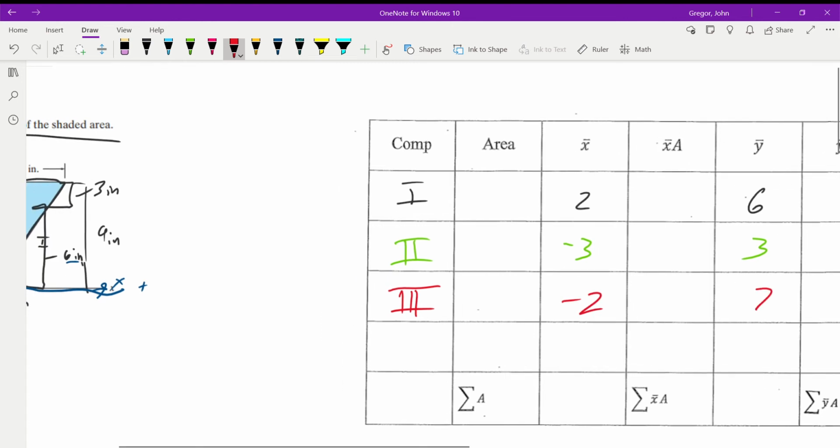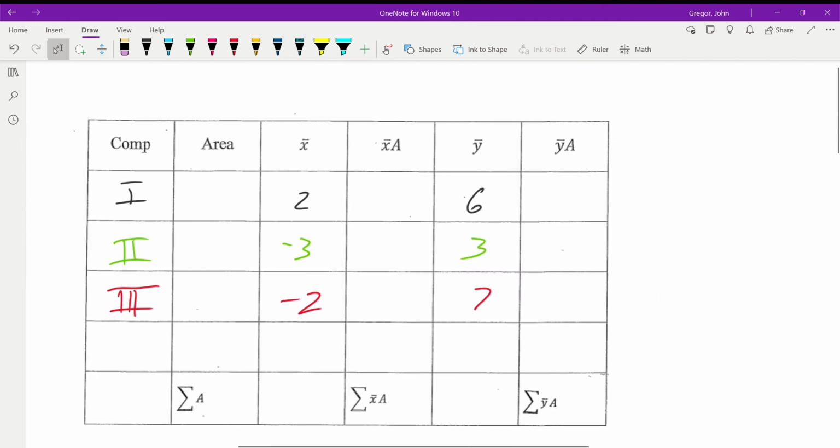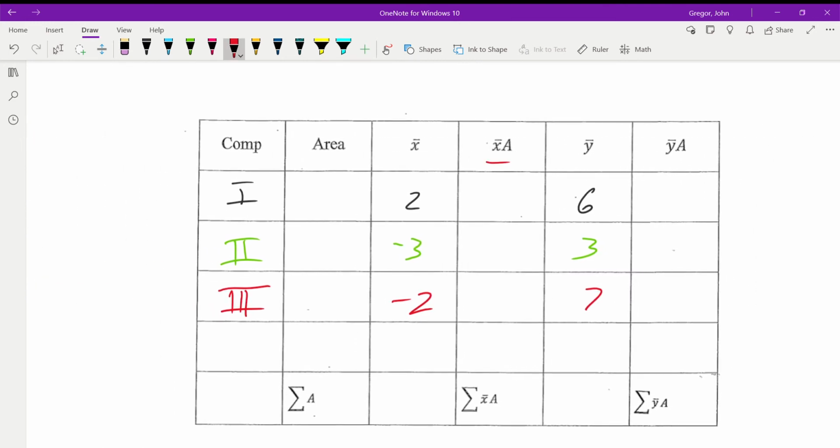Now all I have to do is calculate the areas of these, and then find the sum of the areas.